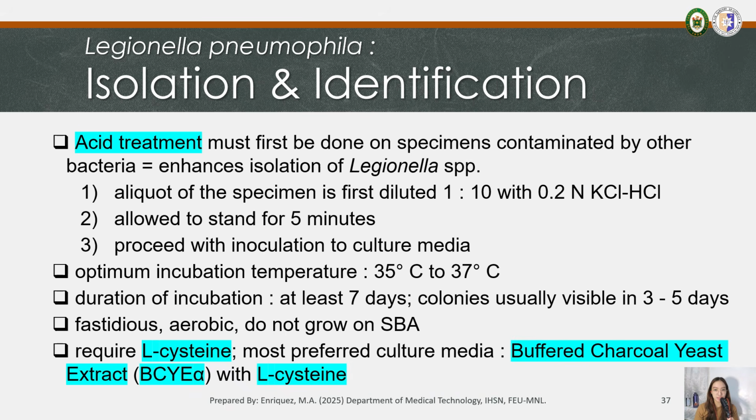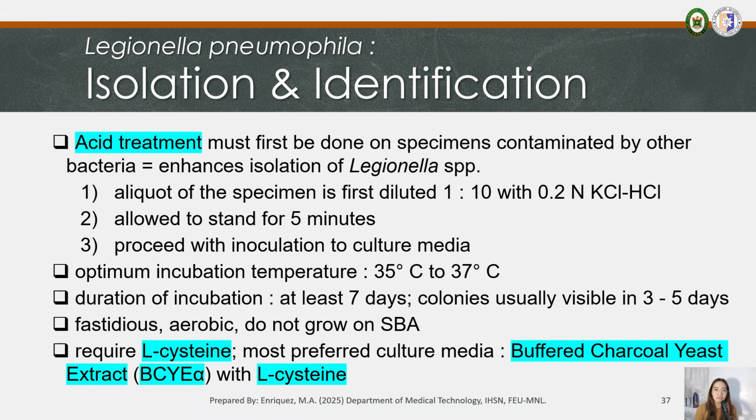To be able to effectively isolate Legionella from clinical specimens and minimize the growth of contaminants, specimens must first be treated with acid, as explained here. Although they can survive at a very wide range of temperatures, their optimum growth temp is still at 35 to 37 degrees Celsius. Growth may be visible within 3 to 5 days, but it is recommended to keep the plates for up to 7 days before reporting as negative.